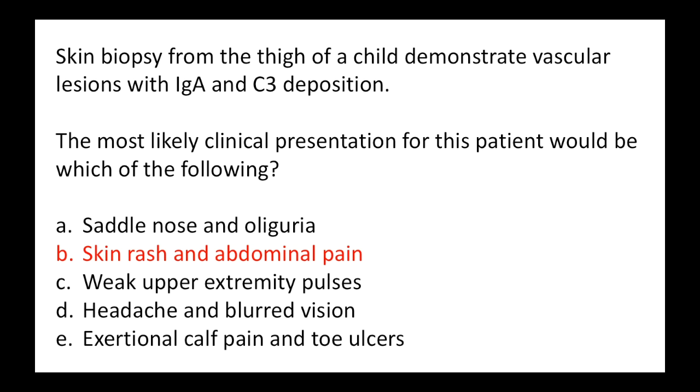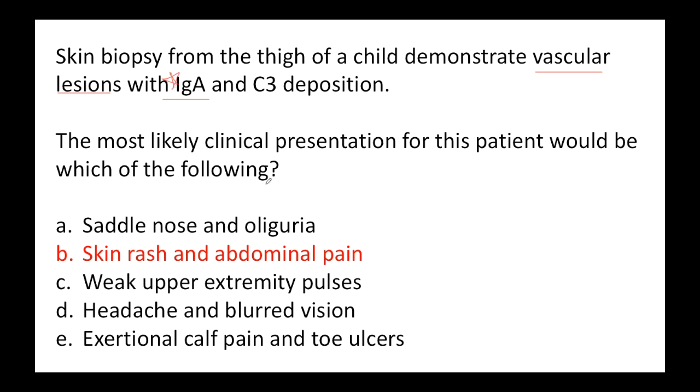Good pastures. Henoch-Schönlein purpura. Yes. Oh, it's IgA. Sorry. Yes. So just looking at vascular lesions with IgA, that's our key diagnostic factor here.